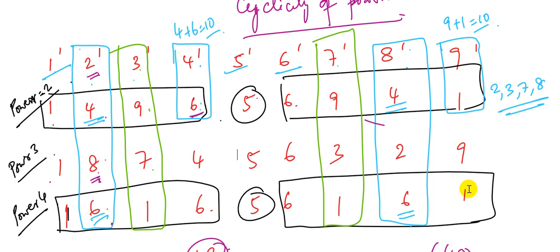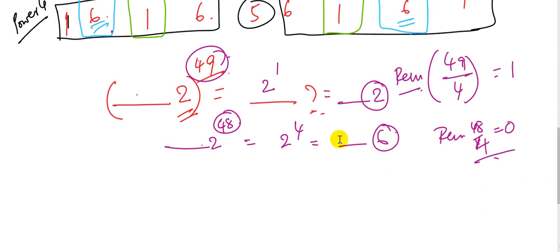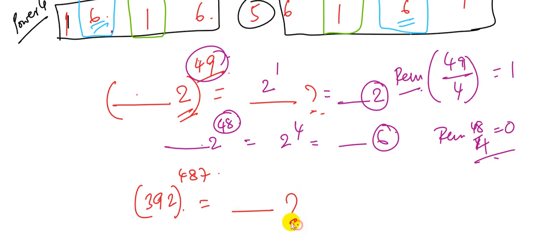Have you understood this now? Yes, sir. Okay. Now, if you have to calculate the last digit of any number raised to any power, let me take a concrete example here. Let us say 392 raised to the power 487. What will be the last digit of this number? That is the question, right.